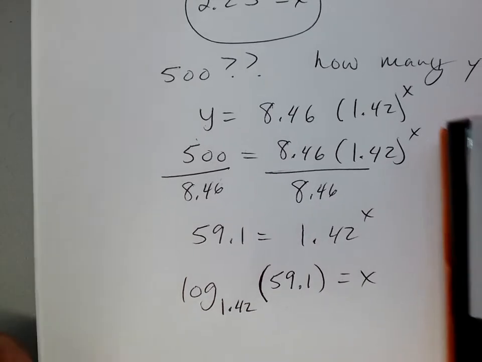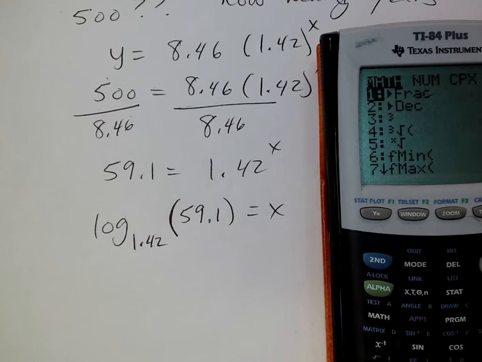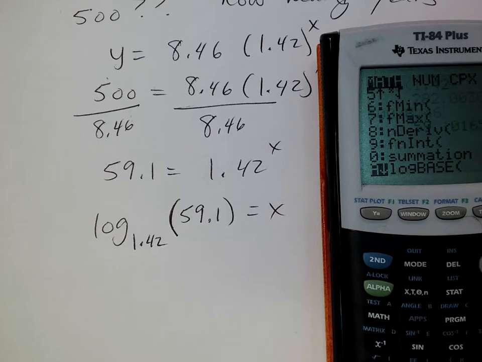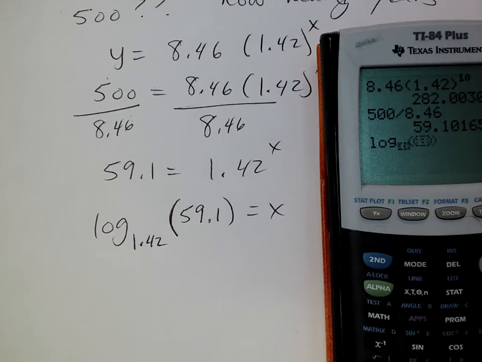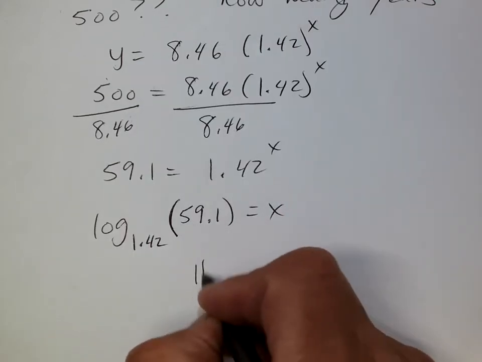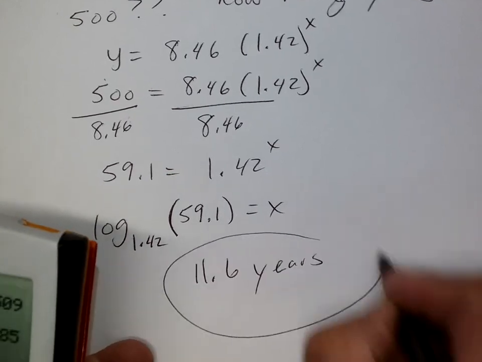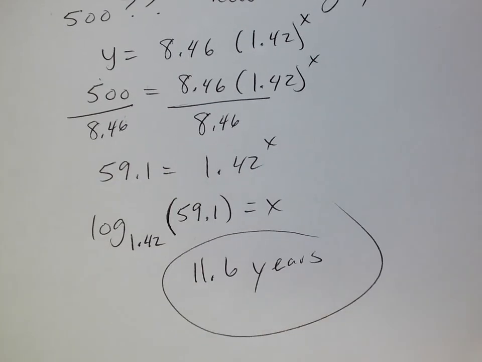Even though there's decimals, I've got that log base thing, so I'm going to go back into my math, all the way down to log base. Here it is: log base 1.42 of 59.1. About 11.6 years. Okay, what do you think?